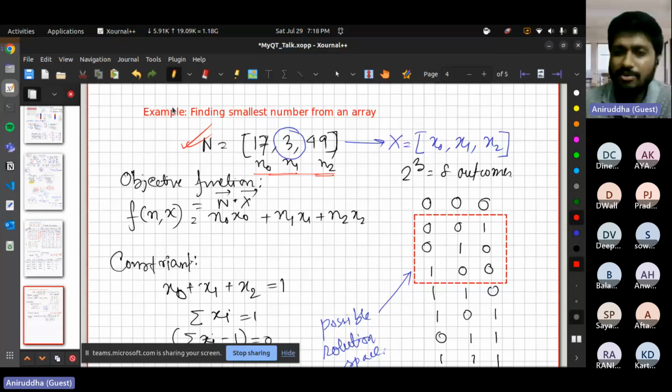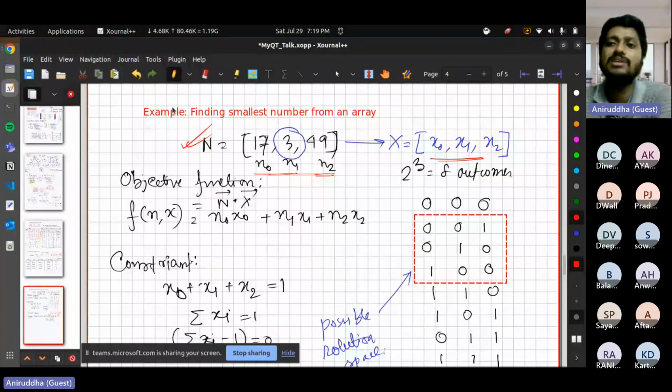My quantum computer can only understand these 3 things: x0, x1, and x2, zeros and ones. Whatever answer I get will be in terms of zeros and ones, and from those zeros and ones, I have to do some post processing to fetch my result.